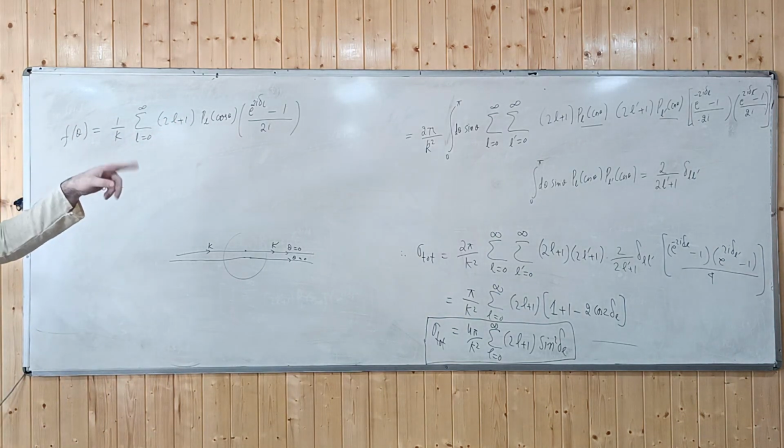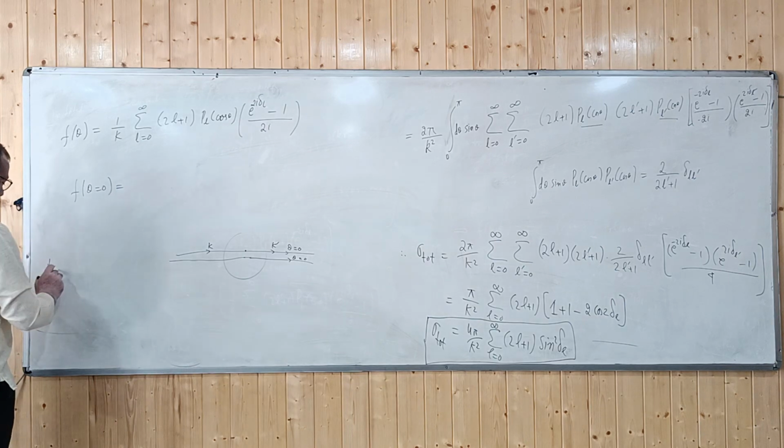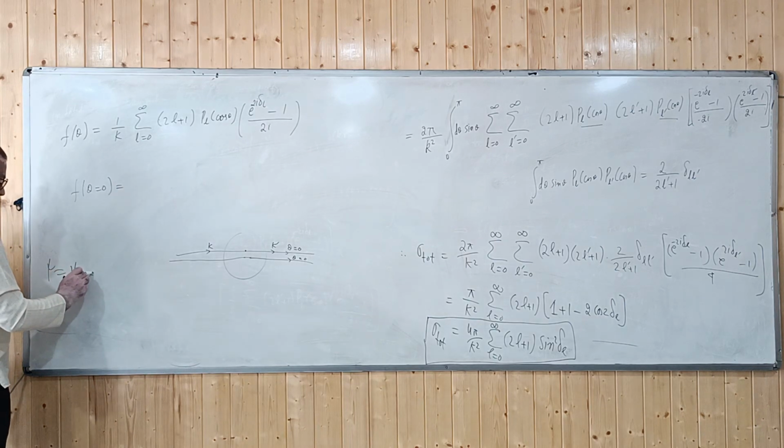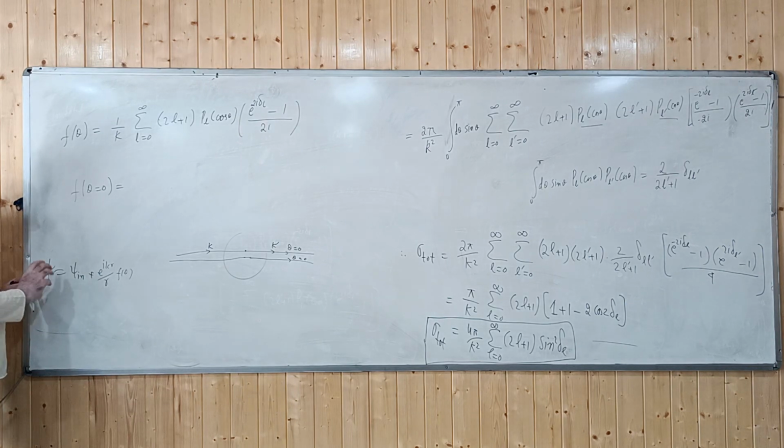You can look at the form of psi itself. When you write psi equal to psi incident plus e raised to i k r by r, f of theta, you calculate f of theta from here. It's a superposition of these two waves: the scattered wave, which contains the entire information, plus the incident wave.